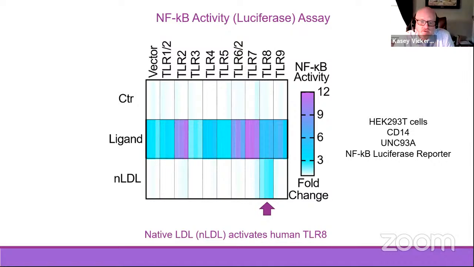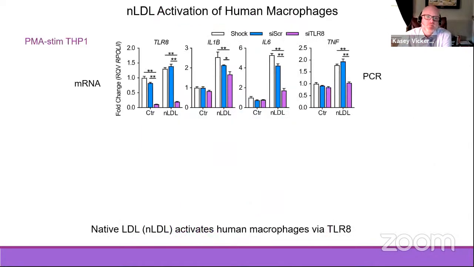And this is for native LDL. TLR2 can be activated by oxidized lipids here, but this is for the native LDL activation. Surprisingly, TLR7 was not activated as much as TLR8. So this is one of the early clues that we were dealing with something related more to TLR8 than TLR7, which are very closely related.